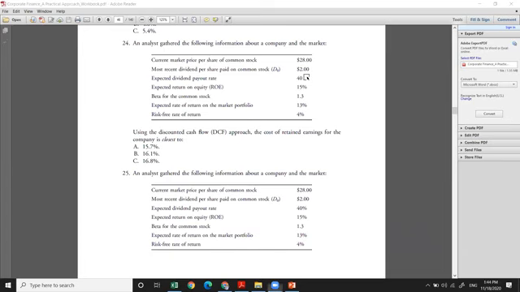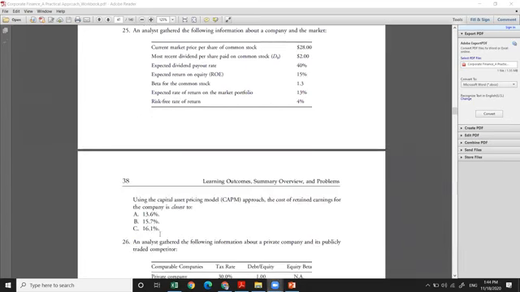Now we're moving to question 25. Using the CAPM approach, find the cost of equity or cost of retained earnings for the company. Using the CAPM model is just straightforward. Risk-free rate, 4%. Beta is 1.3. Expected return on market portfolio is 13%.